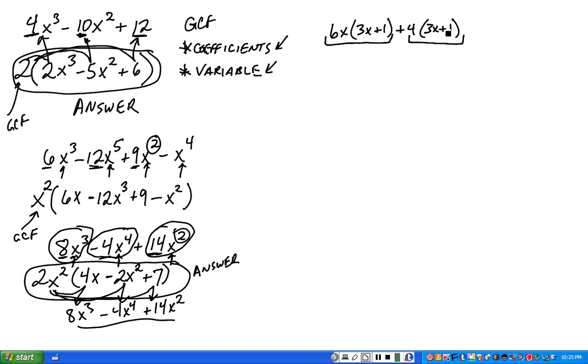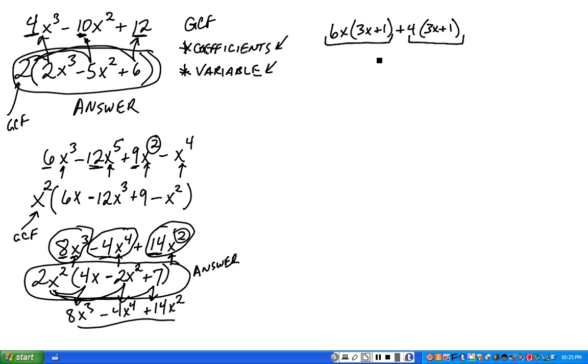Now most people would want to multiply this because they're so used to seeing something next to parentheses and start multiplying. But remember, we're factoring, and by nature factoring, we want to undo multiplication. So if you started multiplying, all you're doing is making the problem more cumbersome than it should be. You're working against yourself, because we're trying to undo multiplication. So you wouldn't want to start undoing multiplication by multiplying.